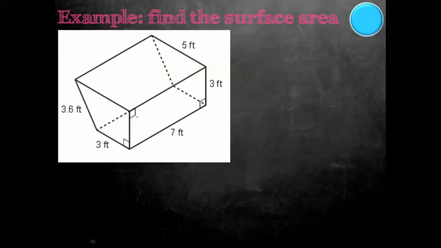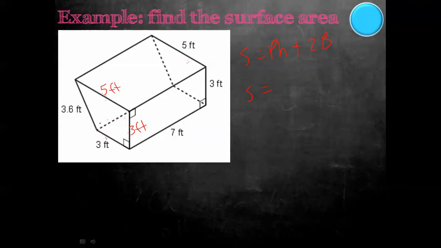For this one, I want to find the surface area, and this is a trapezoidal prism. We have 2 lines that are parallel, 2 that are not. We have this trapezoidal prism because those are our bases that are parallel. So we're going to use the same formula, perimeter of the base times height plus 2 times area of the base. Now if we look over here on this side, we know that this line is 5 feet and this line is 3 feet because of the opposite sides.